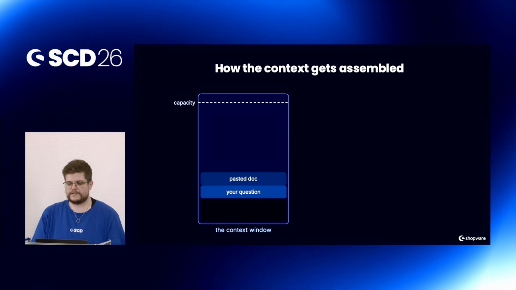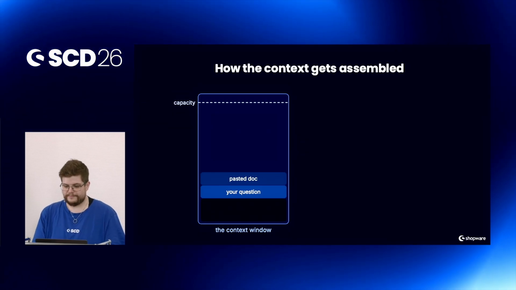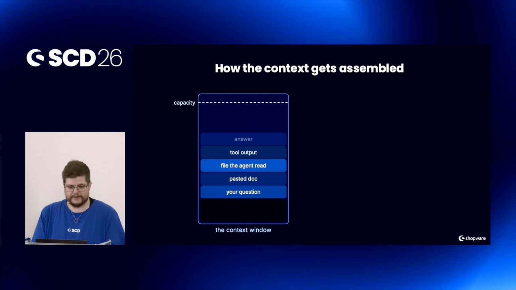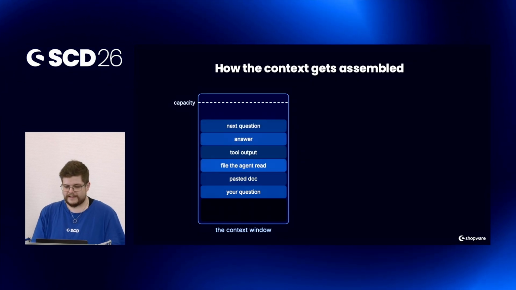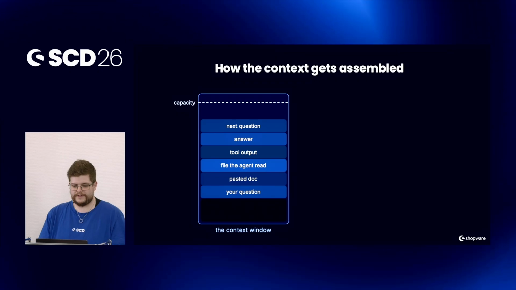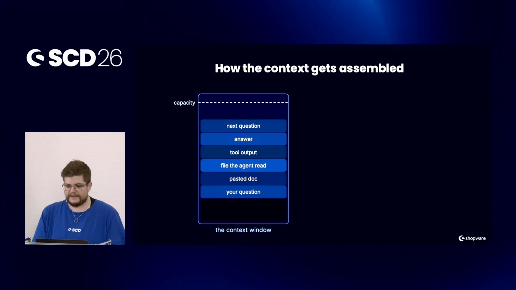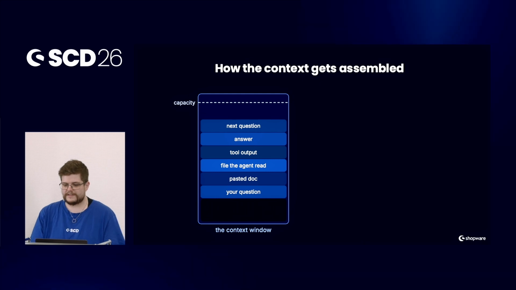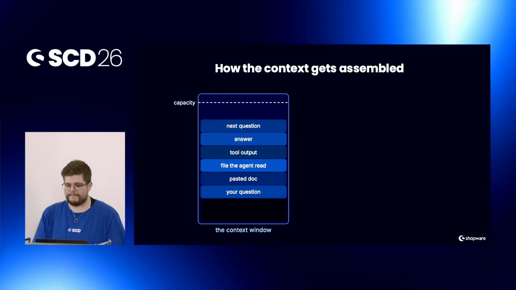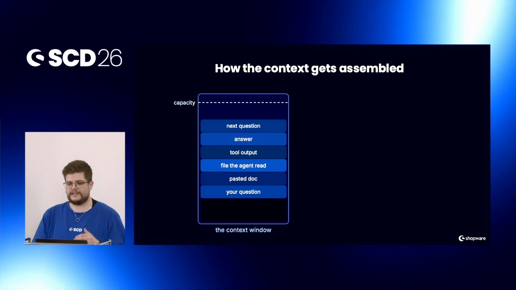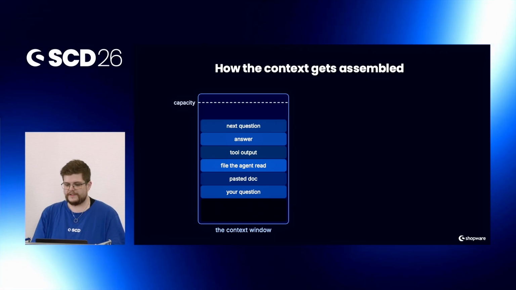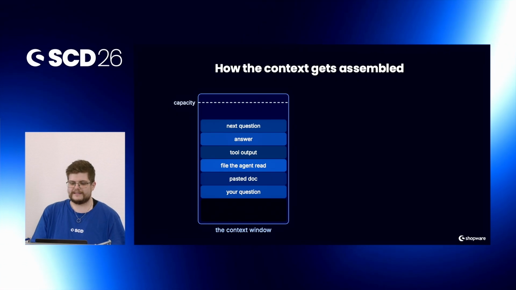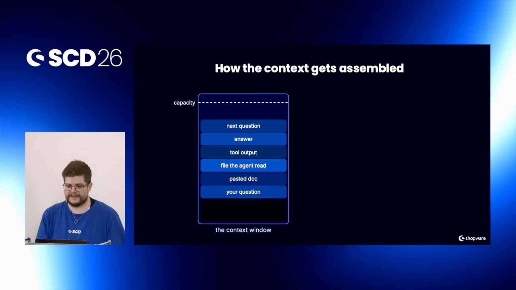What this base is, we will come to later. Then the conversation runs and the window fills up with the file the agent read, the tool output, the answer to your next question. The runner I showed in the last slide assembles all of it into one pile. And that pile is finite.